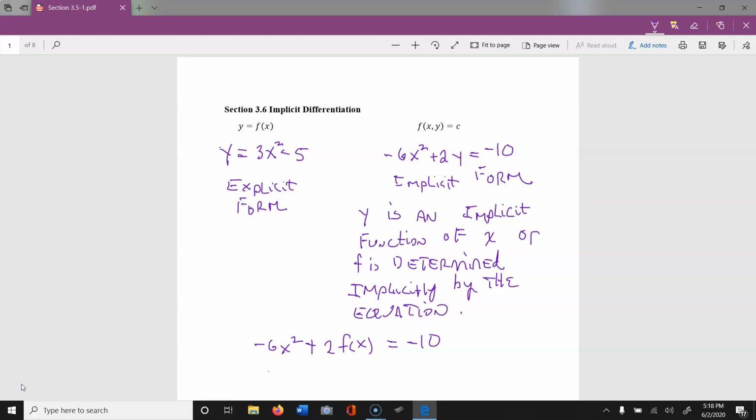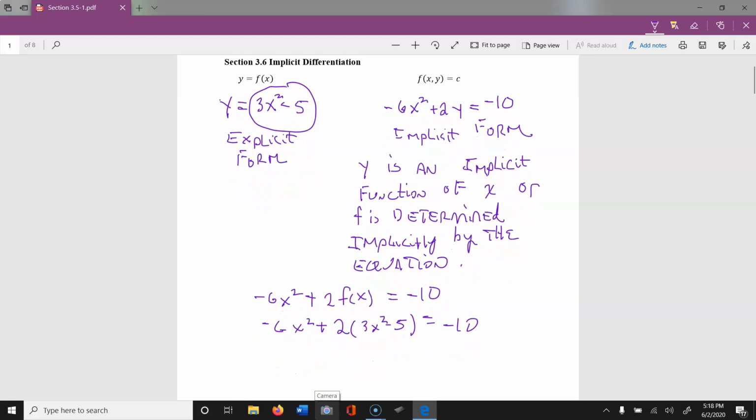And then notice what I get, minus 6x squared plus 2 times. Now, what is f of x? F of x is 3x squared minus 5, right? So 2 times 3x squared minus 5 is equal to negative 10.